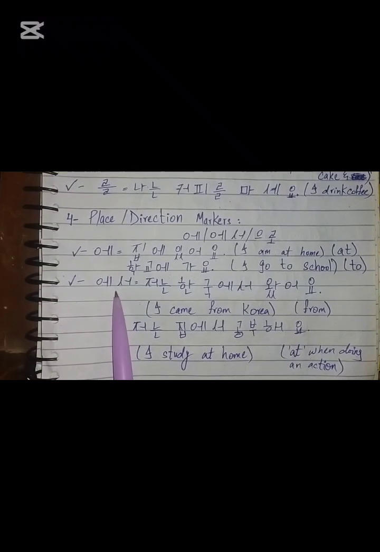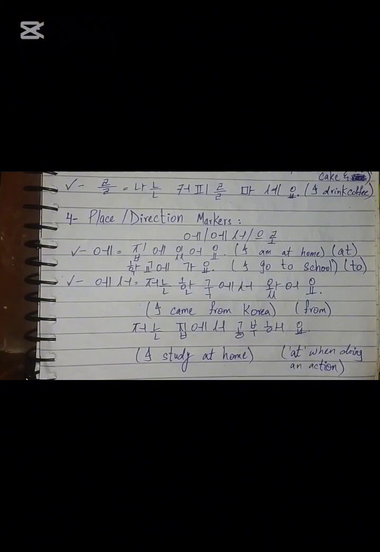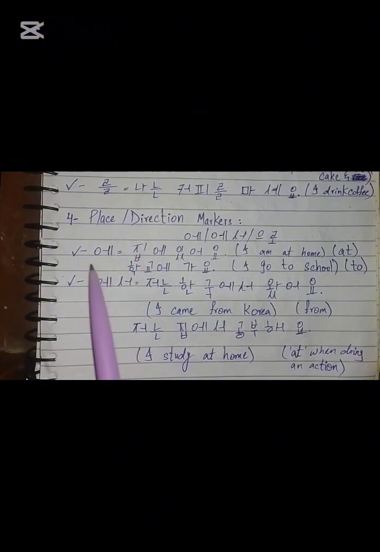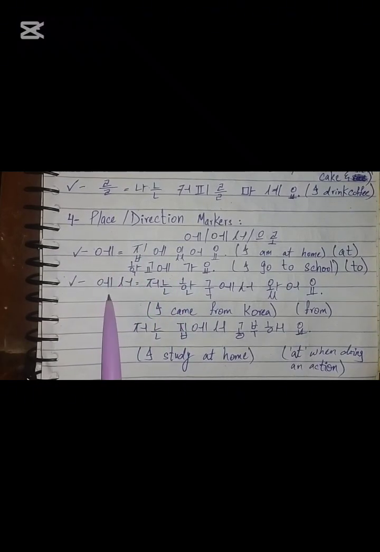But when we say that we are doing an action, like I study at home or I walk at the park, we use 에서. So whenever there is no action going on, but just the place, we use 에, and whenever there is action going on, we use 에서.